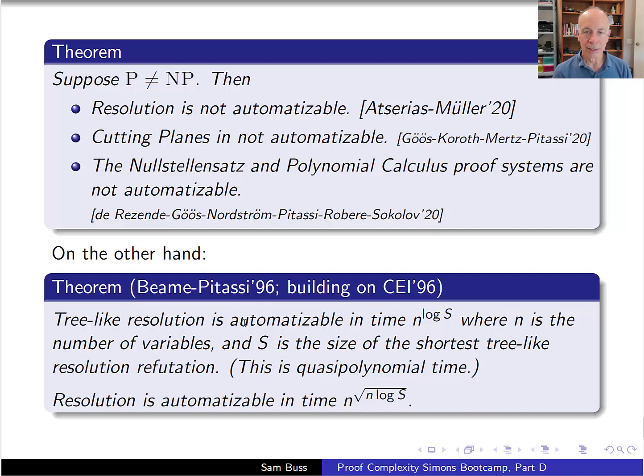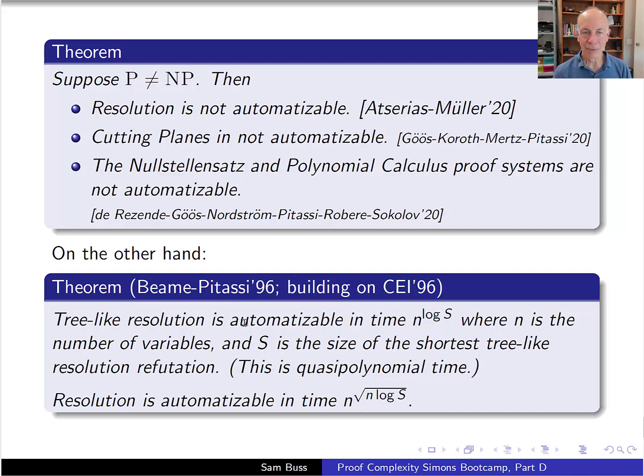Subsequent to that, it was shown that cutting planes is not automatizable, and also that the Nullstellensatz proof system and the polynomial calculus proof system are not automatizable. Again, in both cases, under the assumption that P is not equal to NP. Of course, if P equals NP, then every system is automatizable. You can essentially ask bit by bit for a shortest possible proof.